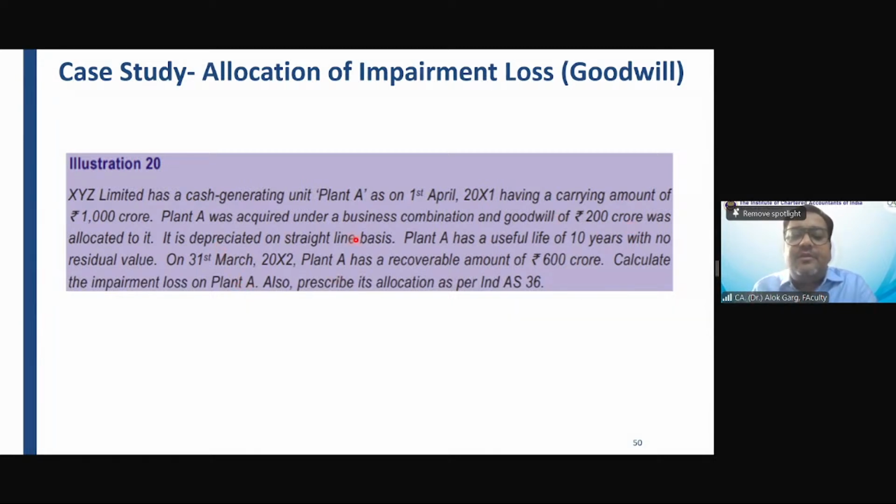It is depreciated on a straight line basis, useful life of 10 years with no residual value. So it is talking about the depreciation also, and a 10-year life is given.